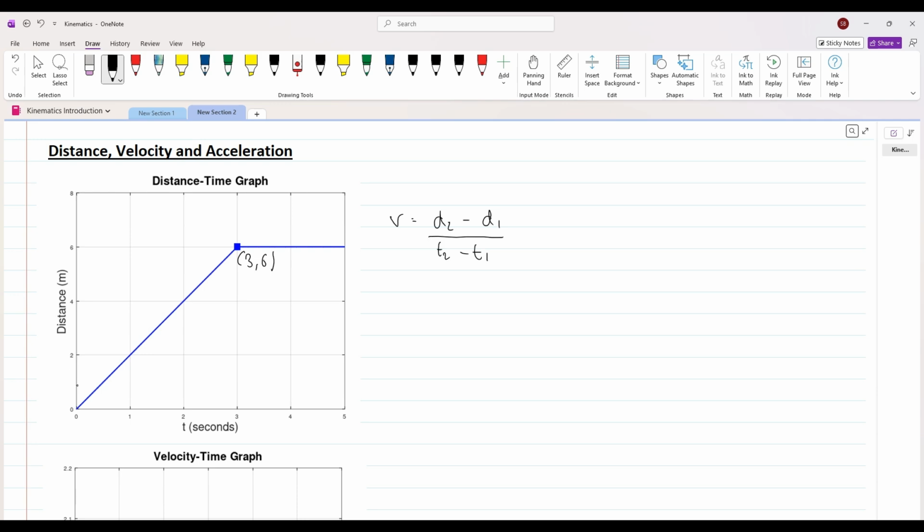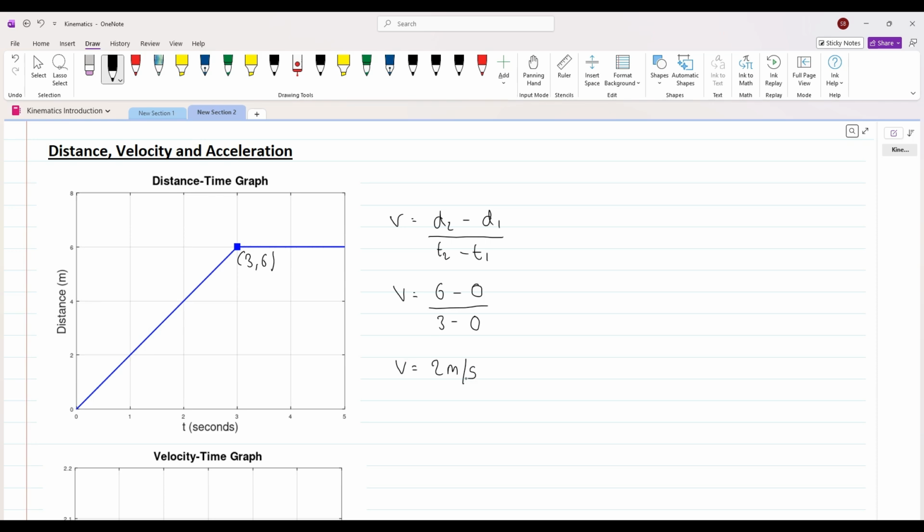D1 is from the origin, so it's 0. T2 is 3. T1 is again from the origin and so is 0. So we write V equals 6 minus 0 over 3 minus 0, which means V equals 2 meters per second.